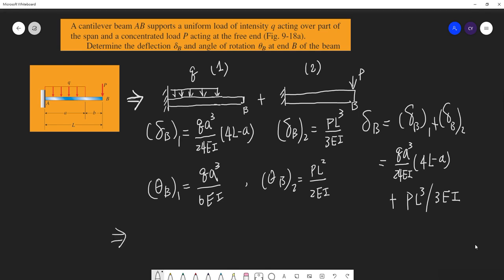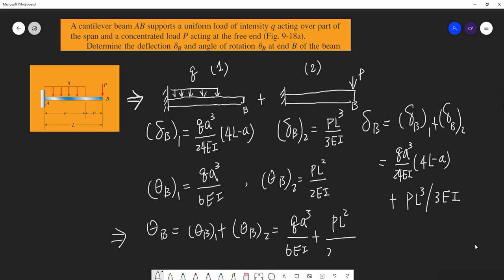So we will get theta B is equal to theta B1 plus theta B2. And these two together is QA^3 over 6EI plus PL^2 over 2EI. So it's very easy to do. This we call the superposition method.